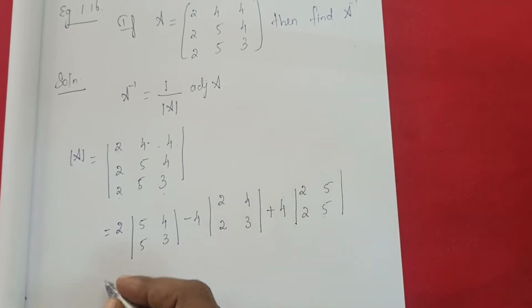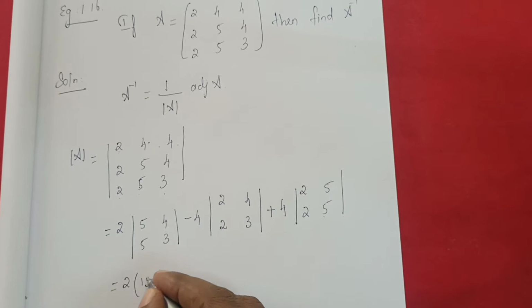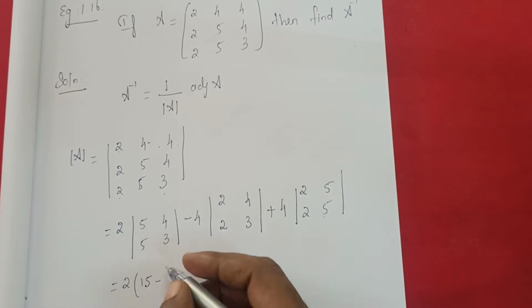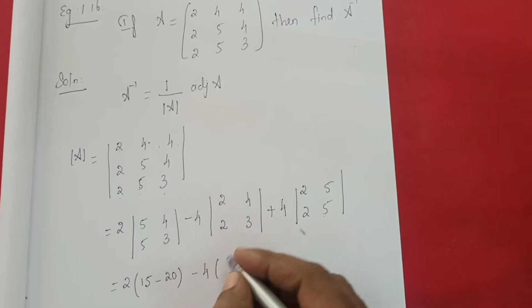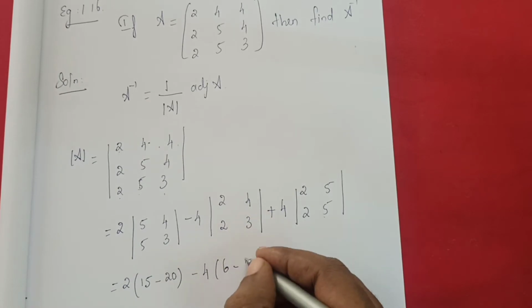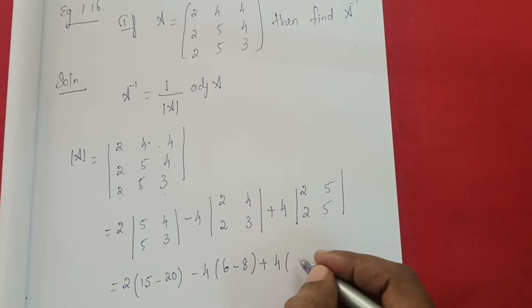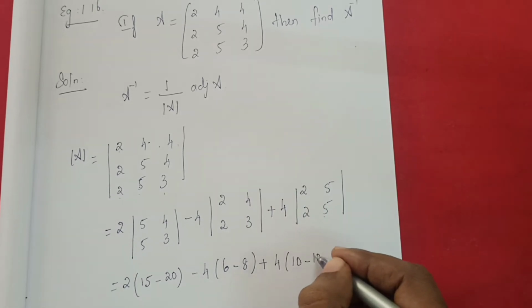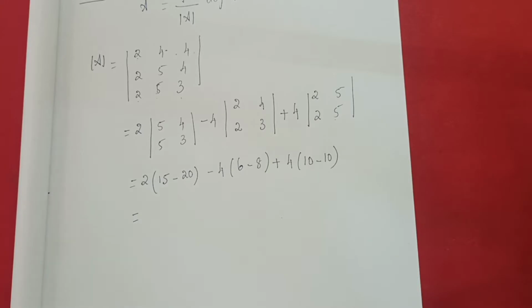That's equal to 2 into (5 times 3 is 15, minus 4 into 5 is 20), minus 4 into (2 times 3 is 6, minus 4 into 2 is 8), plus 4 into (2 into 5 is 10, minus 10).